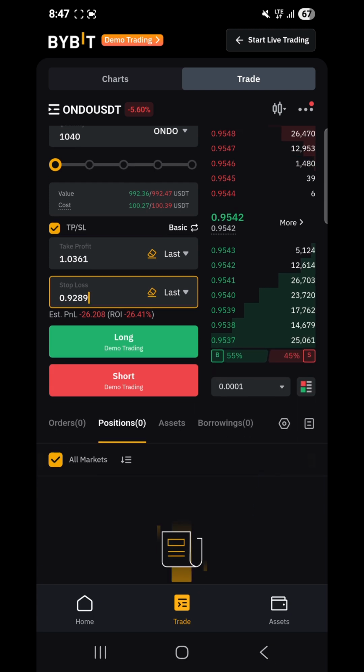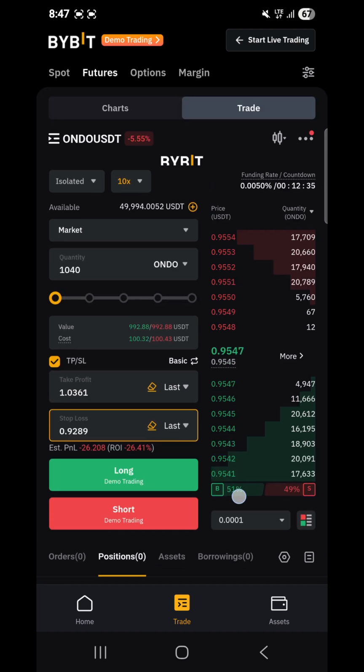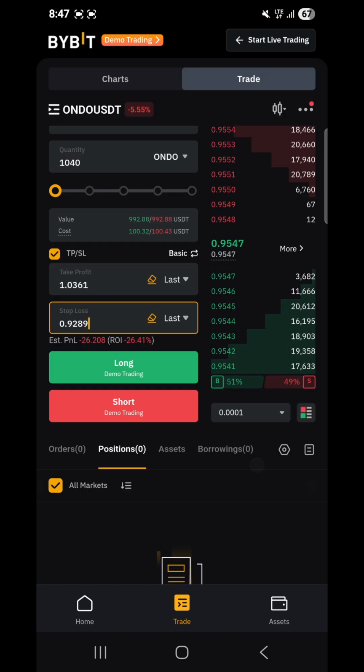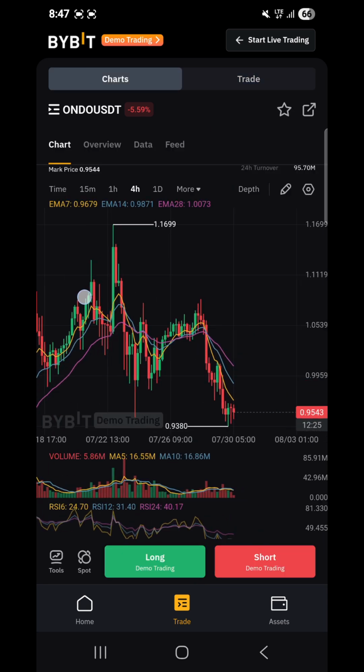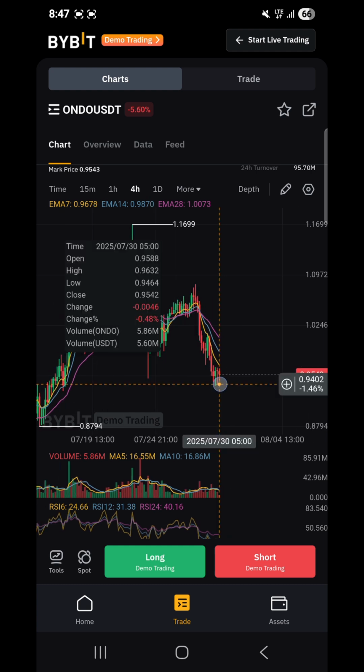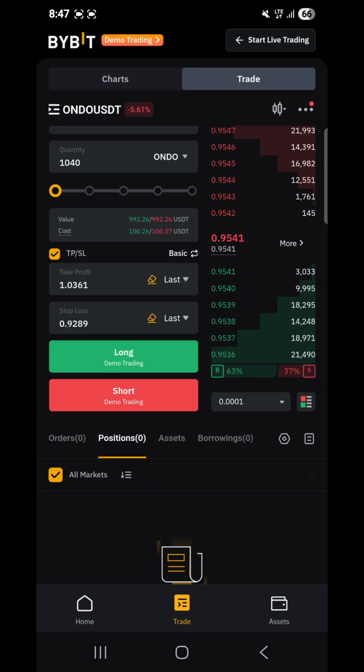Okay. So now I want you guys to also check out something here. Based on this stop loss, the stop loss is very wide. So instead of using that, I would reduce the stop loss. Instead of putting that 0.92, I'll put it at 0.9402.